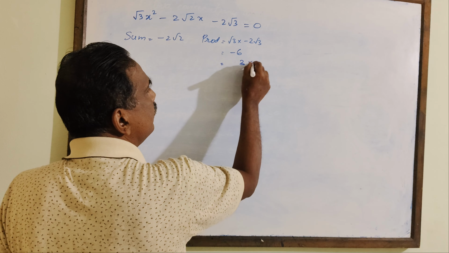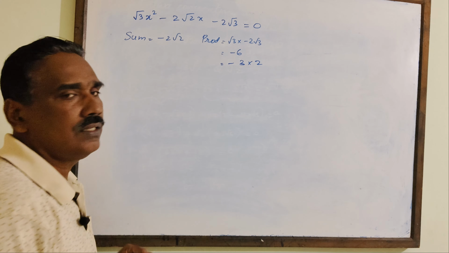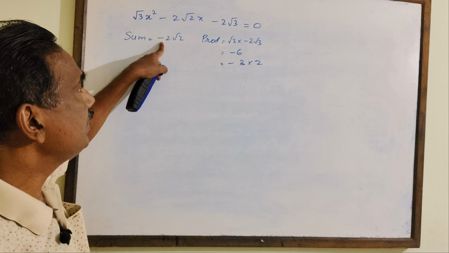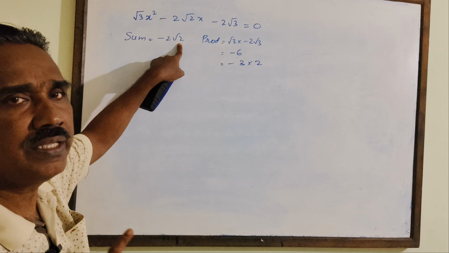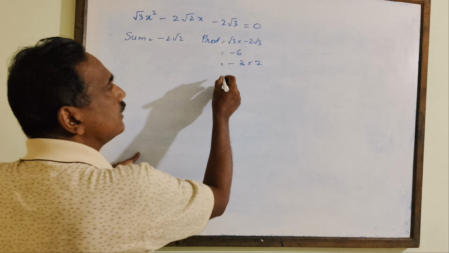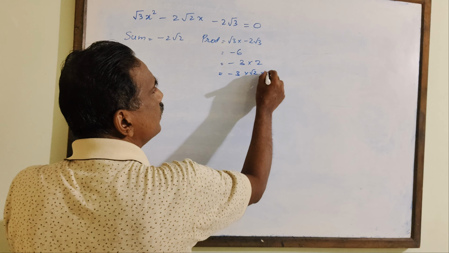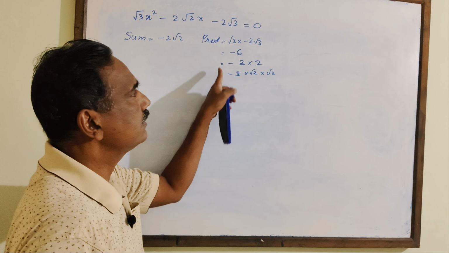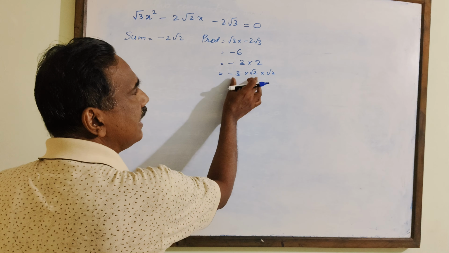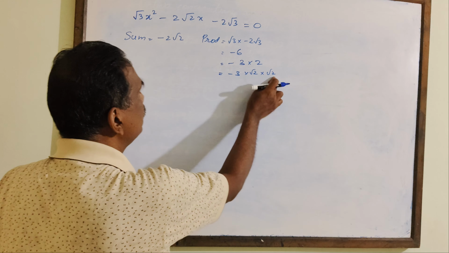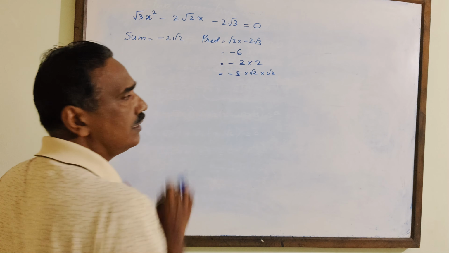Minus 6 is equal to minus of 3 into 2. Now we require 2 root 2, so in your sum there should be root 2. So what do you do? This is changed as 3 into root 2 into root 2, so that is minus 3 root 2 into root 2. If you add minus 3 root 2 and plus root 2, you will get minus 2 root 2. If you multiply these, you will get minus 6.